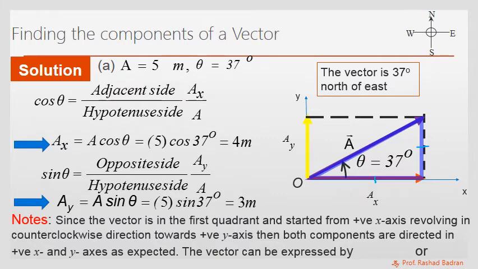Now the final answer can be written in two ways, either A equals 4 i hat plus 3 j hat, or the vector A can be written as the numbers between two parentheses, 4 and 3: 4 for the x component and 3 for the y component.